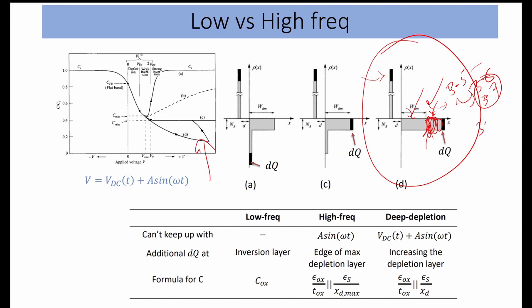And if we are increasing this DC voltage very fast, we are uncovering more and more from the deeper part of the semiconductor. So that's why this graph is coming, because we are increasing this XD much more.